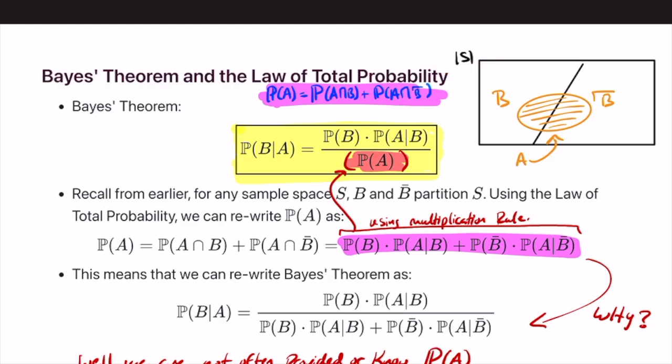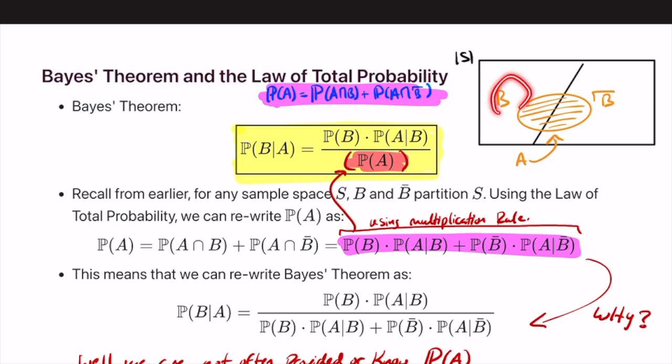So what we're saying is that if we have an event A that occurs here, there has to be some A that occurs both in B and in the complement of B, unless one of these is 0 and the other is 1. Sort of like a coin flip with a coin that will always give you heads no matter what.